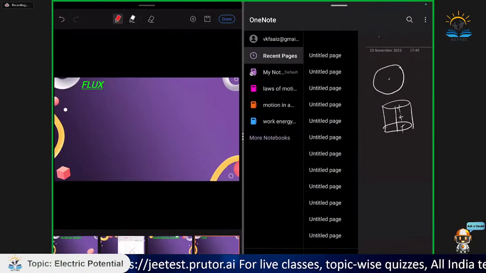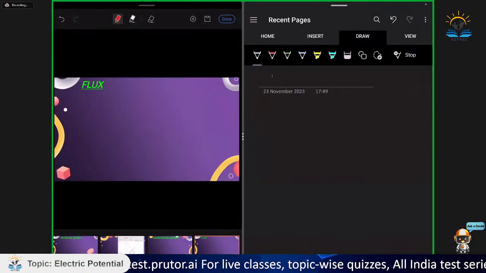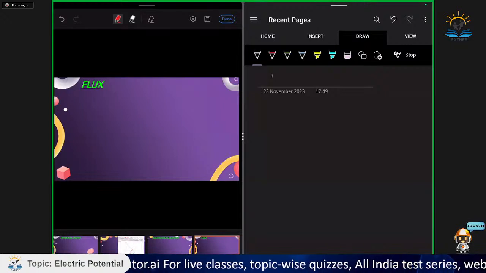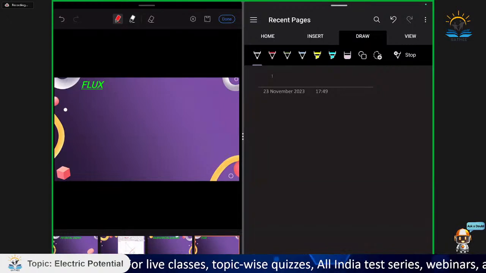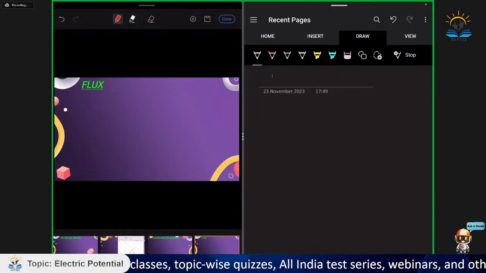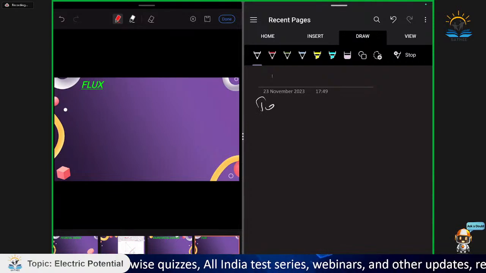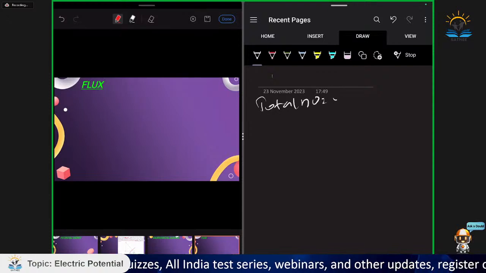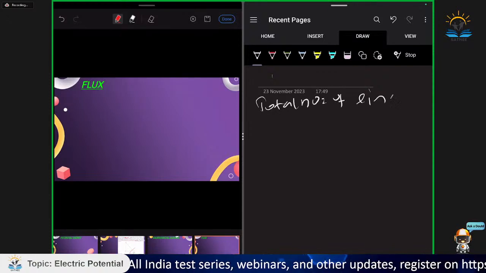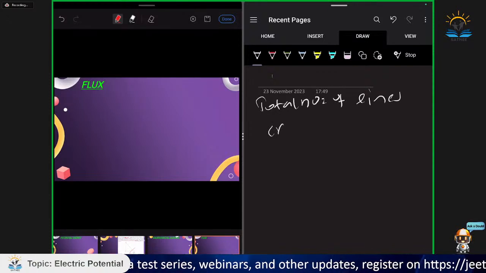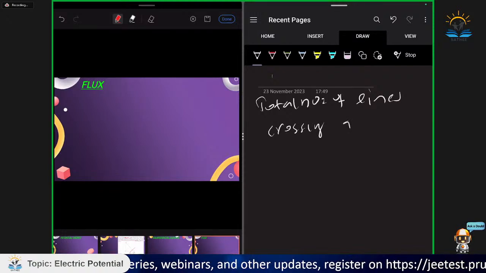Next, what is flux? Flux is the total number of electric field lines crossing a surface perpendicularly.